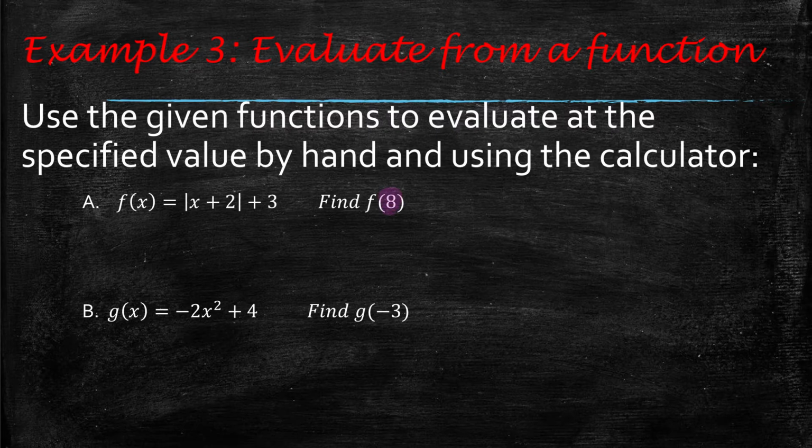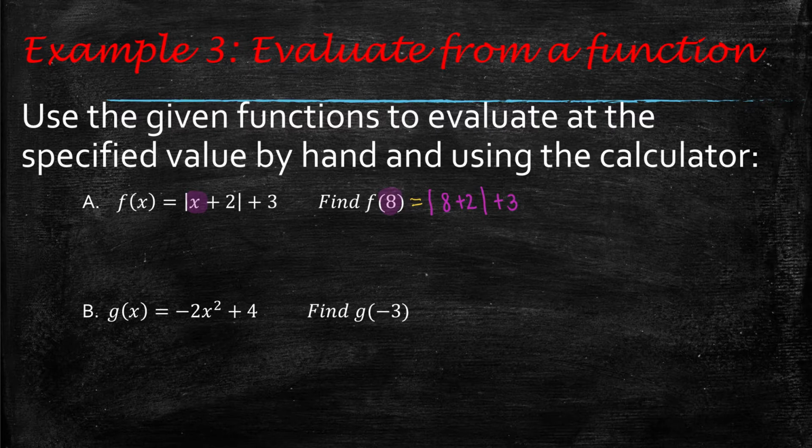So what this means is we're taking this 8 value and plugging it in everywhere that we see x. So f of 8 is equal to the absolute value of 8 plus 2, and then plus 3.